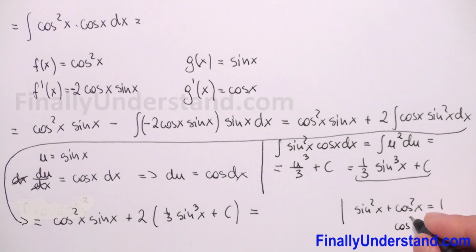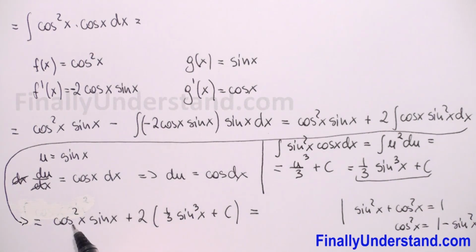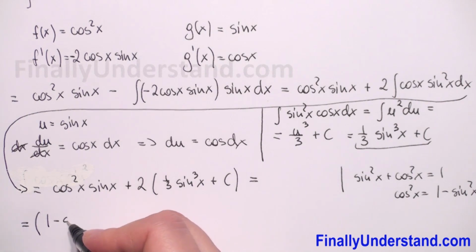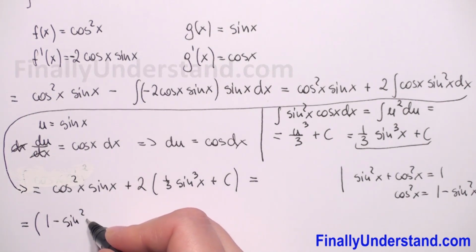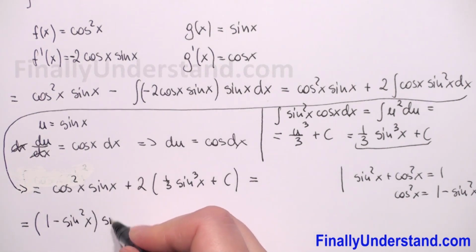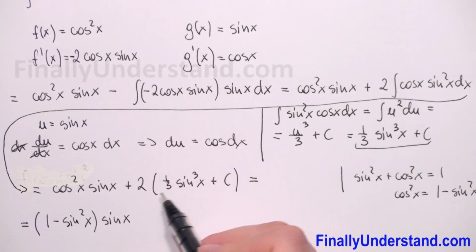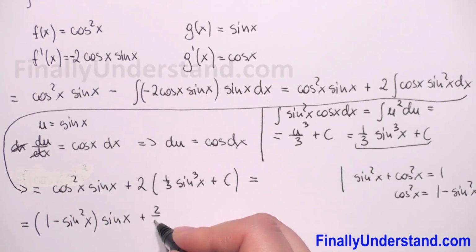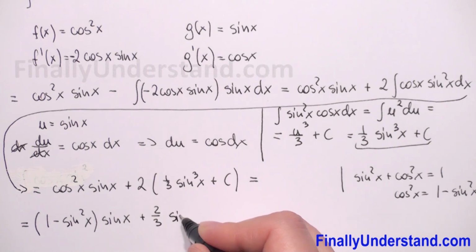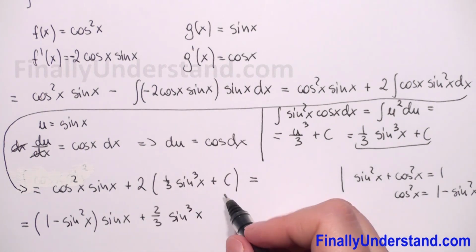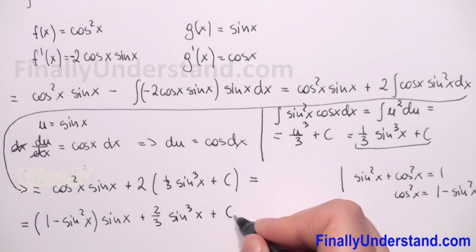So cosine square of x will be equal 1 minus sine square of x. So now we can replace cosine square of x by 1 minus sine square of x. So this is equal, in parentheses we will have 1 minus sine square of x times sine of x, and we have 2 times 1/3 is 2/3 sine cube of x. 2 times constant is still constant, so we can put c1.